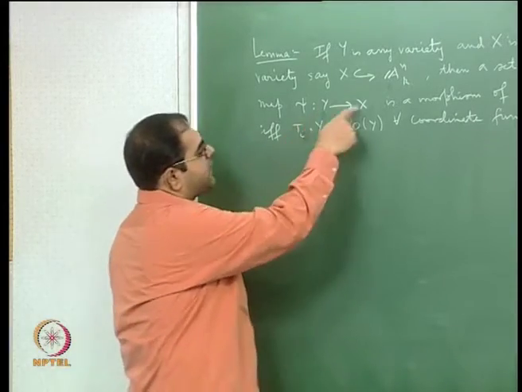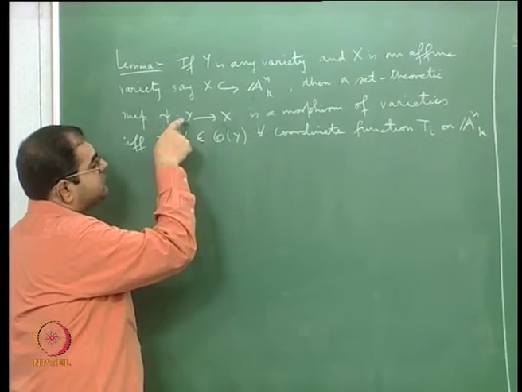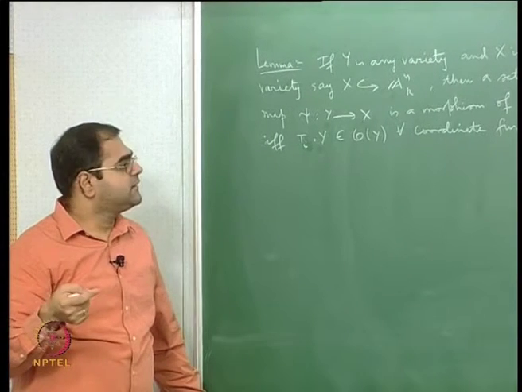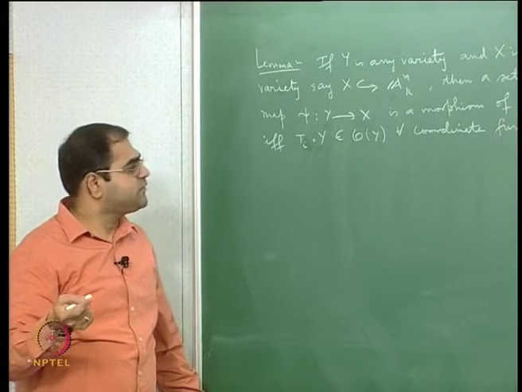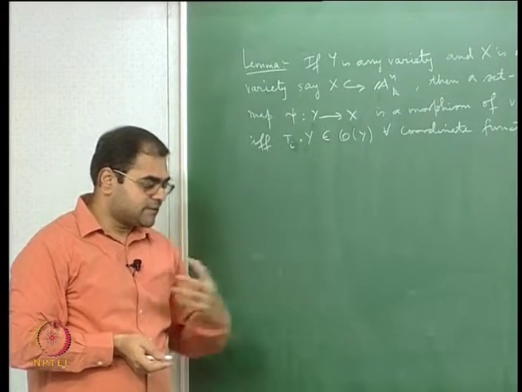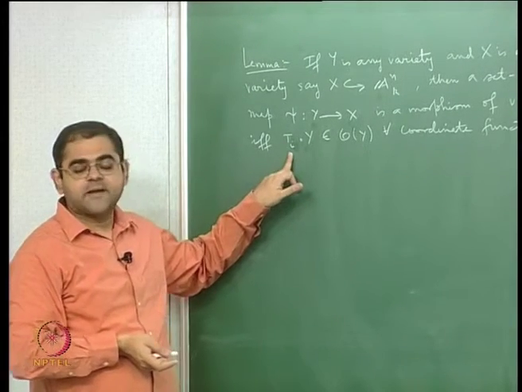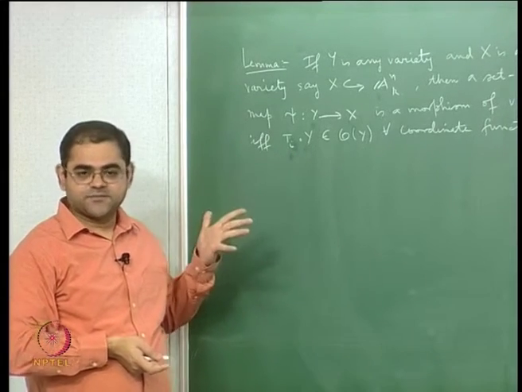You compose this map with those projections, the resulting functions will be functions from y to k, and all you have to verify is that they are regular functions on y. So it's a very beautiful statement. It says a set theoretic map from any variety into an affine variety is a morphism if and only if it pulls back every coordinate function to a regular function. That's what it says, okay.